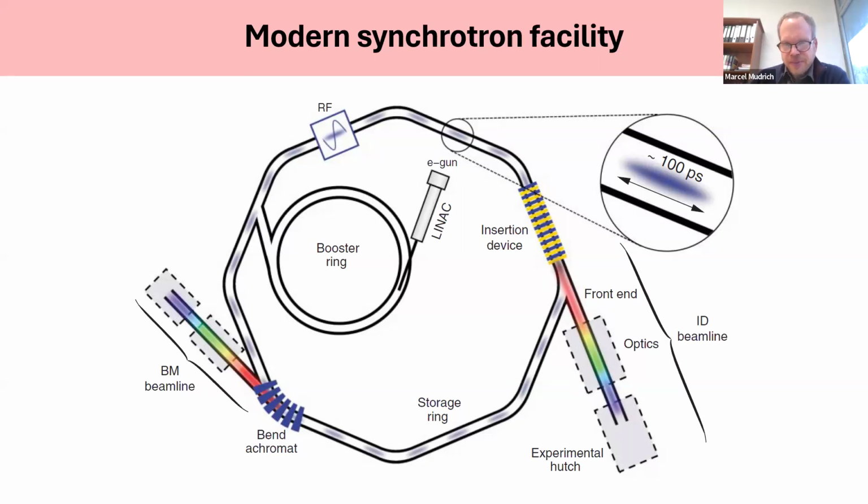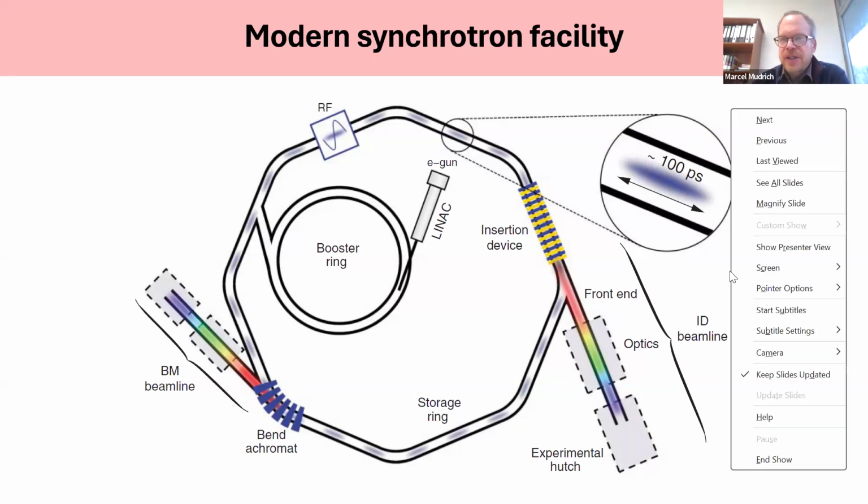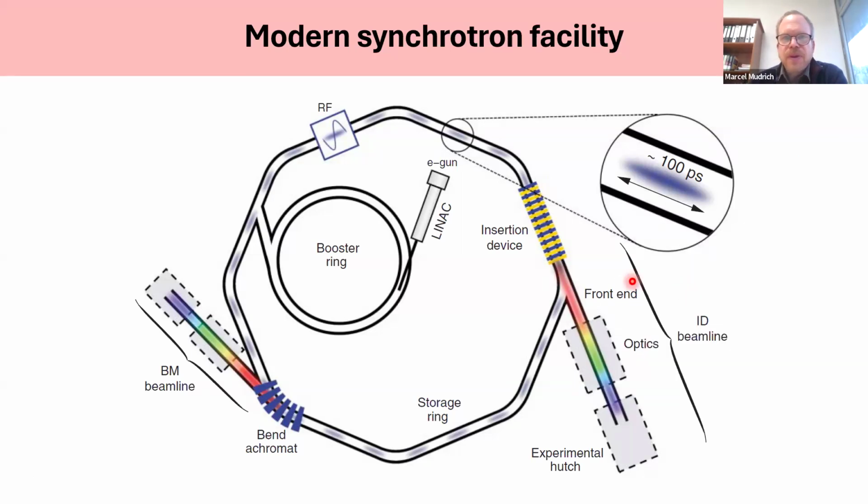So this was our main schematic representation of a synchrotron that contains the most important features and components, mainly the insertion device or undulator, which is the main device where radiation is produced. Last time we followed the path of the photons emitted from the undulator and propagating onwards through the so-called beamline.